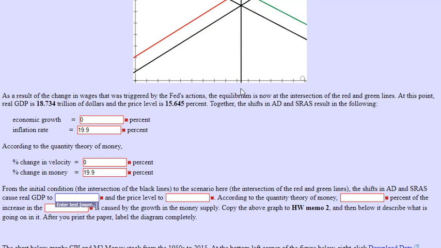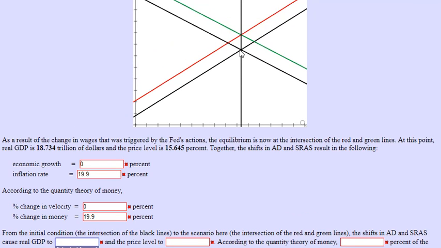Okay, so from the initial condition to scenario 3, the shifts in aggregate demand and short run aggregate supply cause real GDP to not change, and the price level to increase.